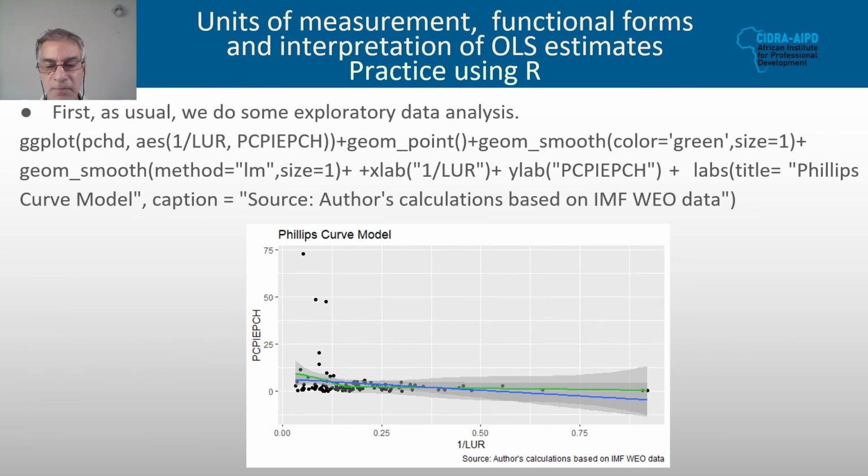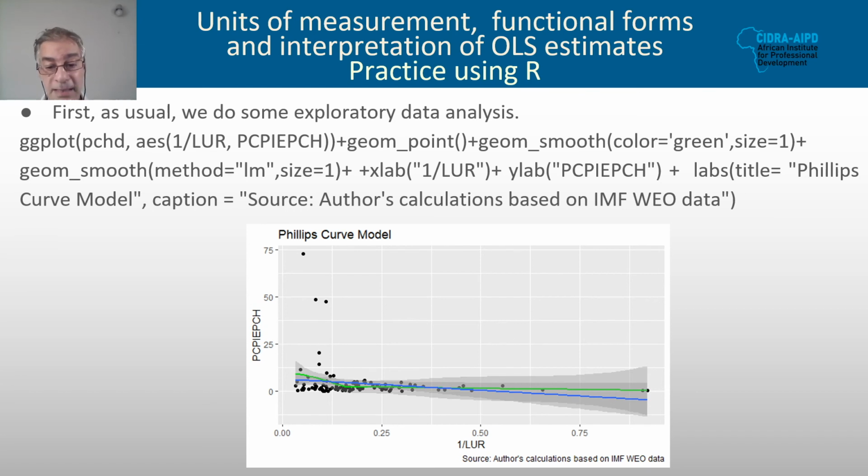And the first thing that we have to do is some exploratory data analysis. We are already familiar with our lowess regression and our linear regression, and we can see at the very beginning of doing this linear regression that things are not the way that we thought they were.